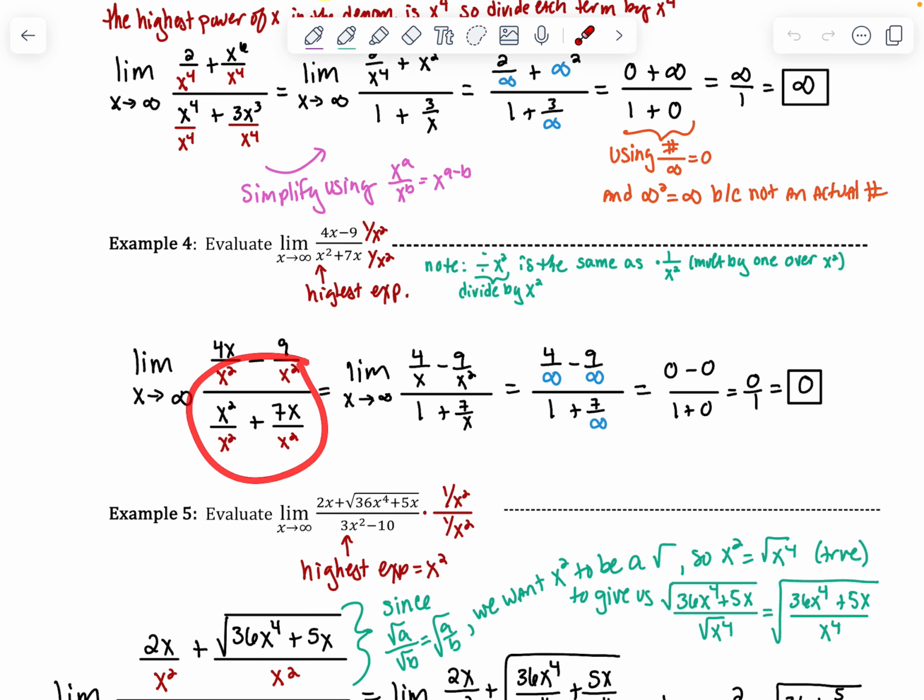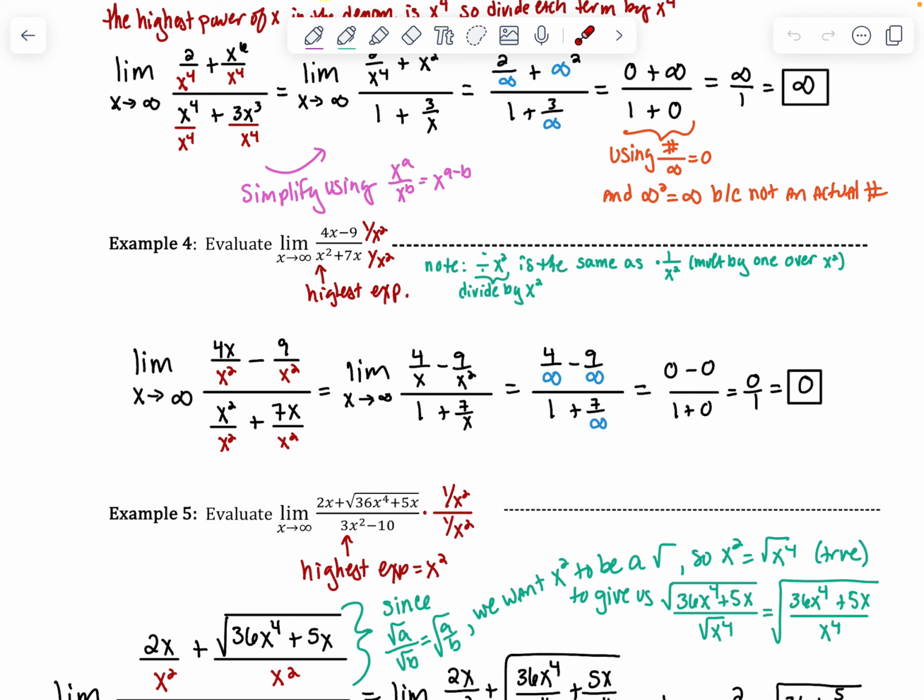I still have the limit as I'm dividing everybody by the same term, simplifying by canceling this x with one of these to have only a single x in the denominator, nothing to simplify on the top right term. These cancel to give me a 1, and this x cancels with one of these to give me just a single x in the denominator.